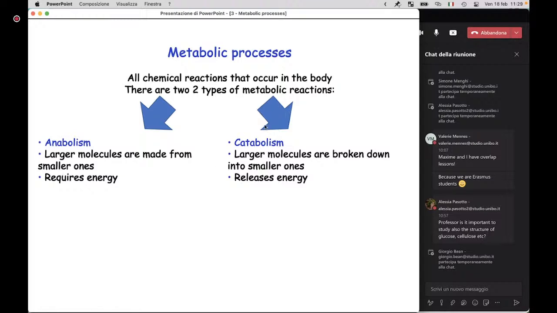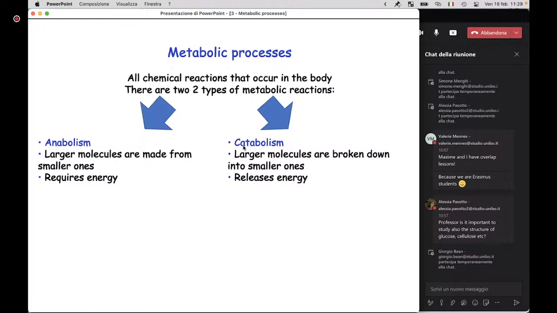On the opposite side, we have catabolism. Kata means down. So larger molecules are broken down into their small components, and possibly small molecules can also be broken down into smaller molecules still to release energy.